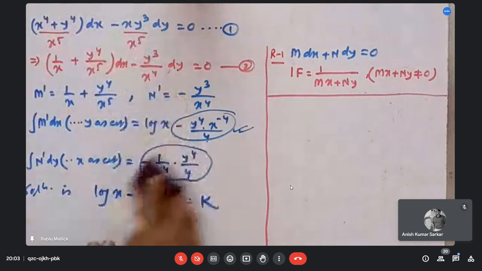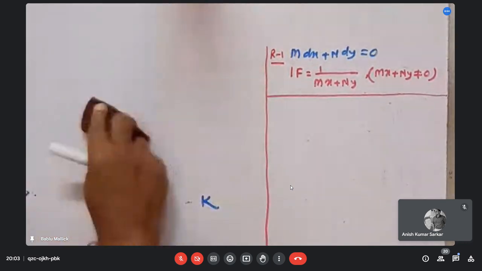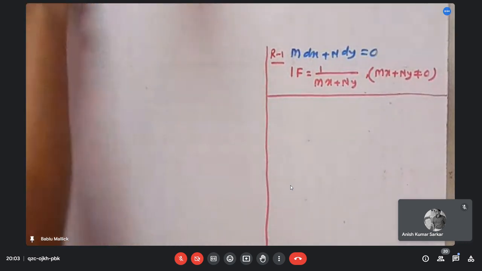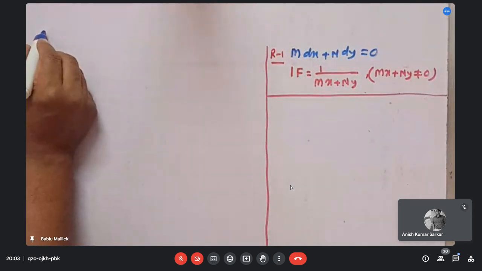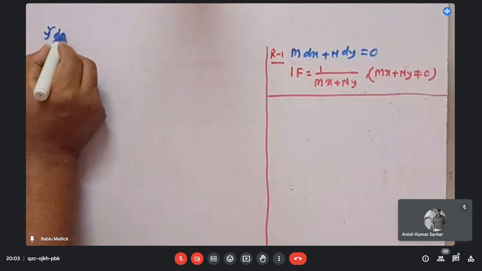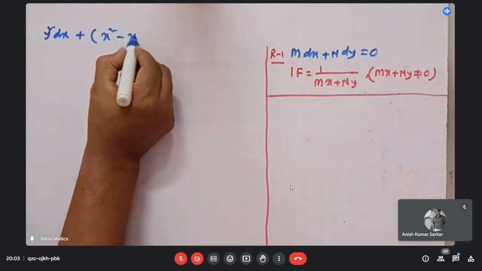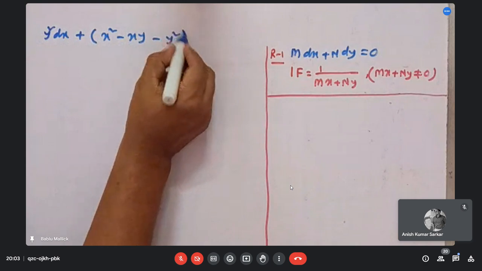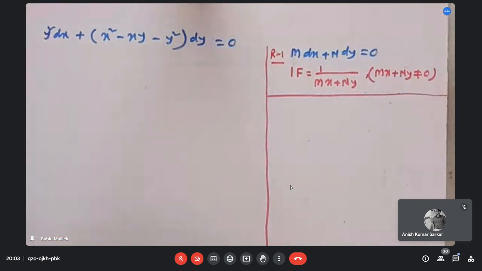Write the homework. First: y square dx plus x square minus xy minus y square dy is equal to 0.